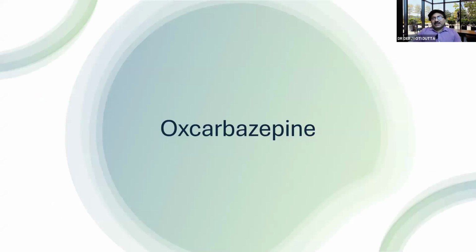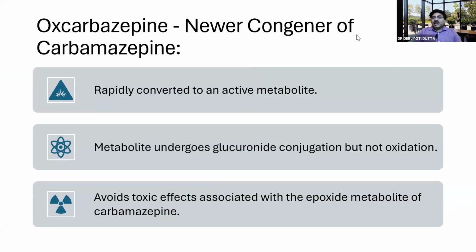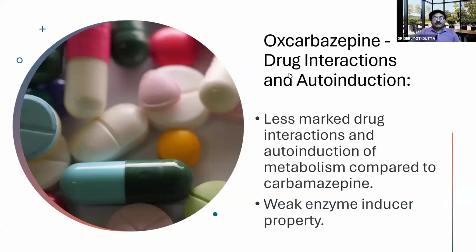Now, coming to the next drug, this is oxcarbazepine. It is an alternative to carbamazepine in trigeminal neuralgia. It is rapidly converted to the active metabolite, and that metabolite undergoes glucuronide conjugation, not oxidation. So it avoids the toxic effects associated with the epoxides of carbamazepine.